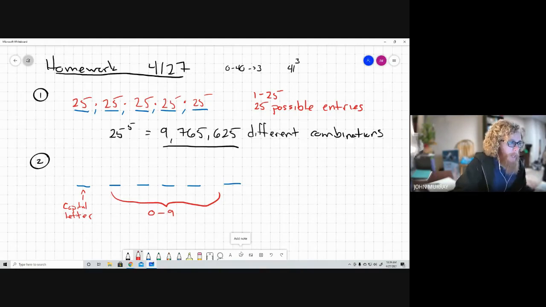So we have to figure out, first, how many capital letters we have. Well, there are 26 letters in the alphabet. And for each one of the numerical entries, we have 10 options. So we multiply all those together, and we'll have 2,600,000.